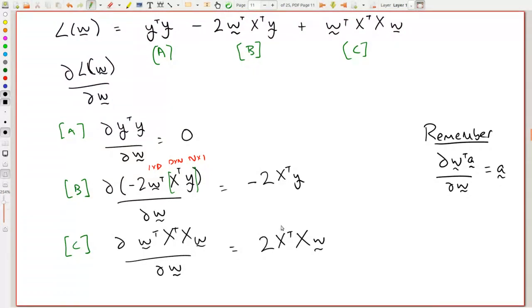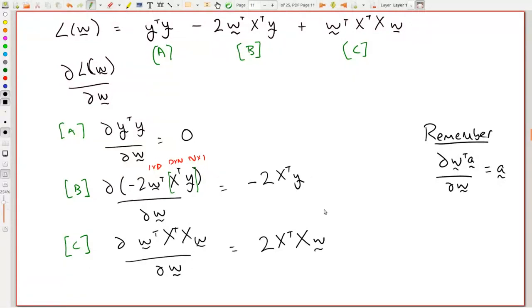This is what we would actually end up with. And if we think about all of this, it kind of makes intuitive sense. We have some kind of quadratic term in terms of W. So you could imagine if we had our scalar quantity, we'd have some value a to the power of 2. And when we take the derivative of that, we'd have 2 times the quantity times whatever was remaining.